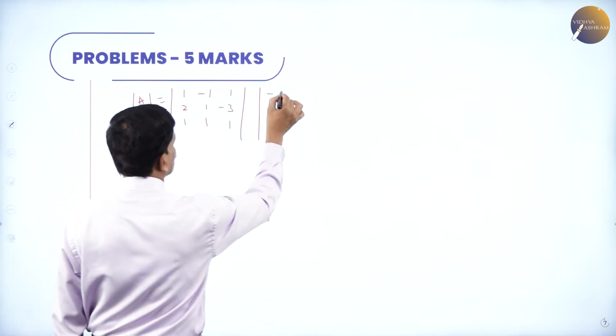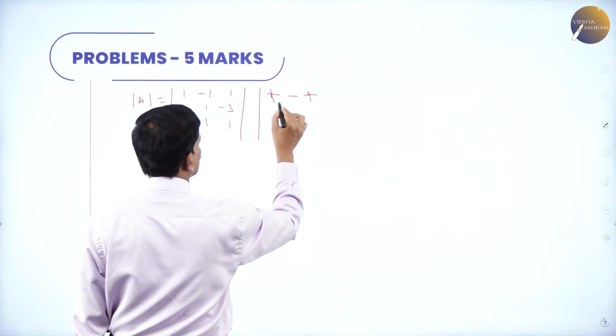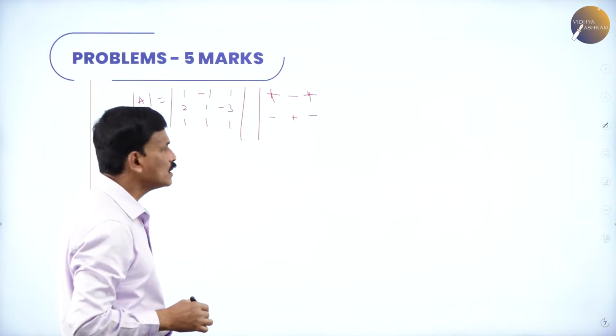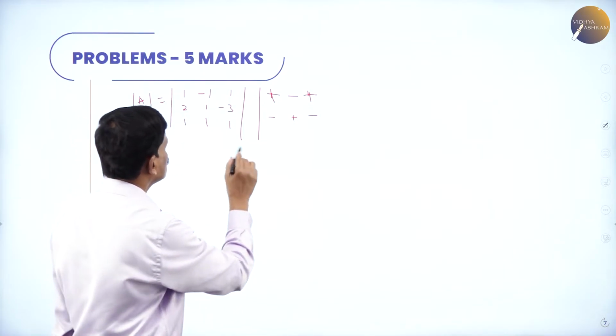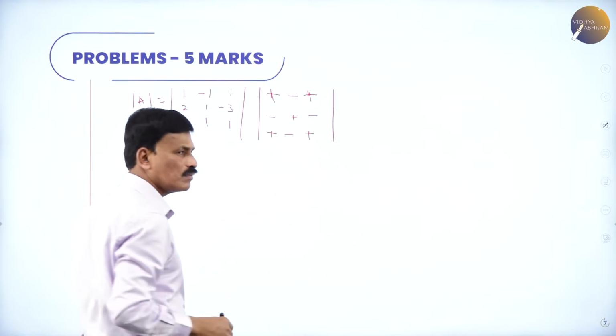The signs are plus, minus, plus; minus, plus, minus; plus, minus, plus. So the diagonals are positive.